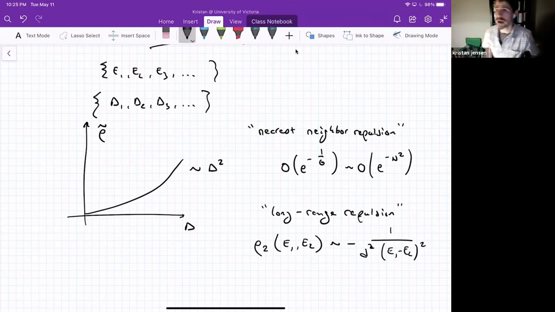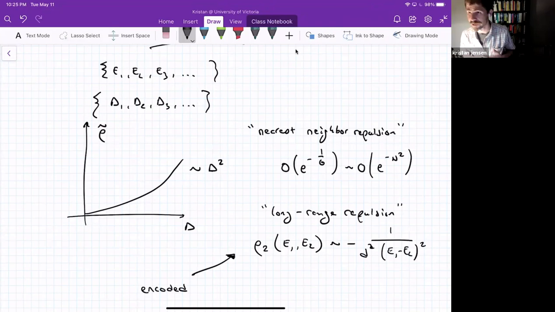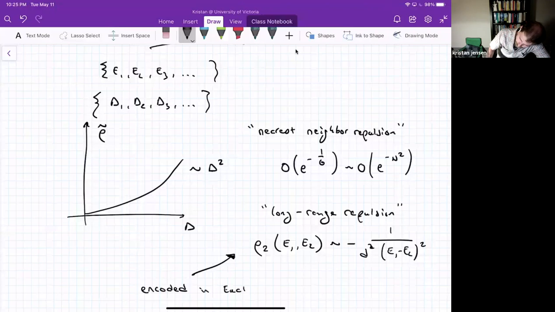What I'm going to focus on in this talk is to present some evidence that this long-range repulsion, not necessarily this quantitative form, but the qualitative feature, is encoded in Euclidean wormholes in AdS.